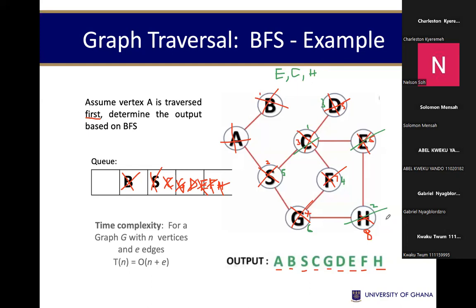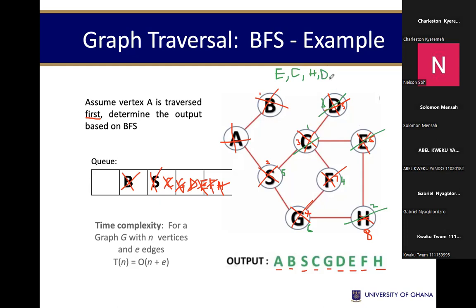Remember, I've not drawn any queue here. I'm using the numbers to deal with it. So I come to D. I'm going to output D, but I need to check whether D is adjacent to anyone. Of course, the one D is adjacent to is C, already cancelled. So I'm going to have my D here.